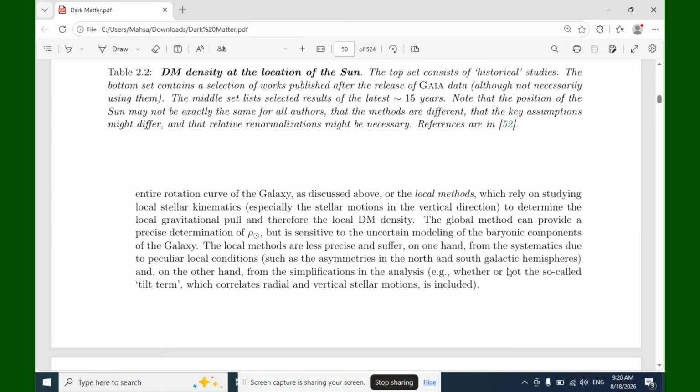The global method can provide a precise determination of rho but is sensitive to the uncertain modeling of the baryonic components of the galaxy. The local methods are less precise and suffer, on the one hand, from systematics due to peculiar local conditions such as asymmetries in the north and south galactic hemispheres, and on the other hand, from simplifications in the analysis, for example, whether or not the so-called tilt term, which correlates radial and vertical stellar motions, is included.